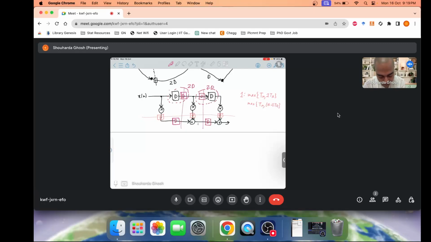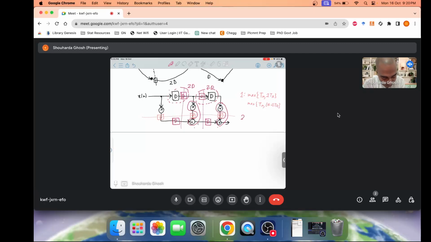So in this case, what do our critical paths look like? This and this. Okay, so all of them will be in parallel, and these adders are then being separated by a delay, so we cannot consider them.